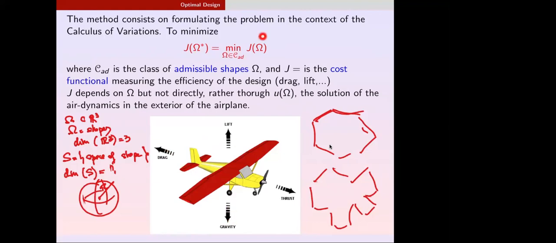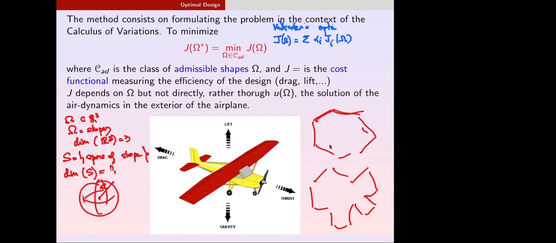So the functional you will have to minimize, as you do in a multi-criteria optimization problem, right? So if you do multi-criteria optimization, the way we do it is we say, well, the functional J that I'm going to minimize will be a weighted combination of several functionals, right?